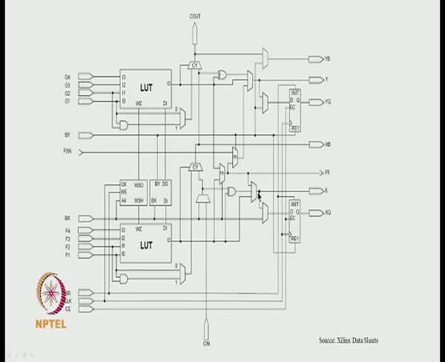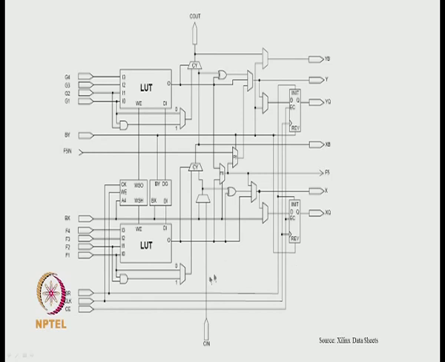So now you can take it out directly, or you can register it through a flip flop depending on the function you are trying to implement. Maybe if you are trying to implement a counter, then it goes here. If you are not registering it for whatever reason, then it goes out directly.